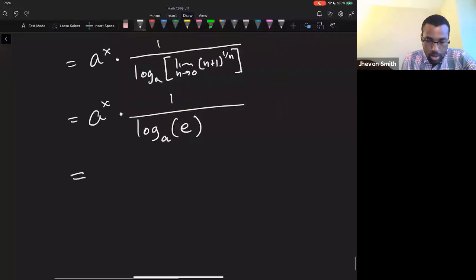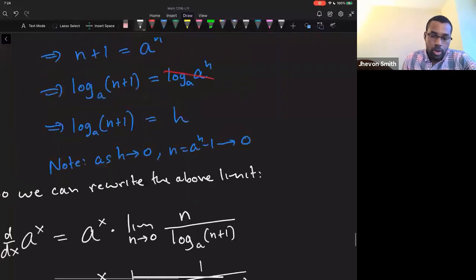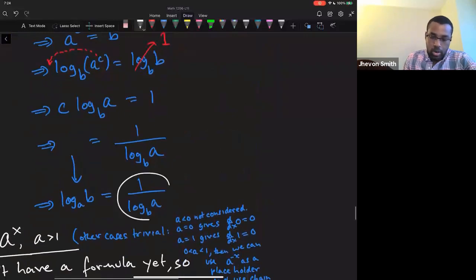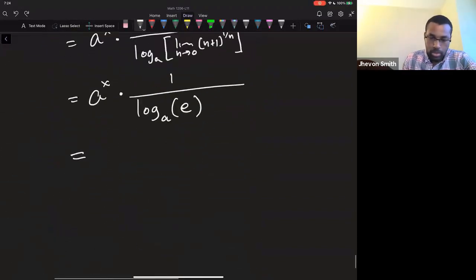Now, I'm going to apply this formula up here that I can go from the reciprocal to that. I can switch these.